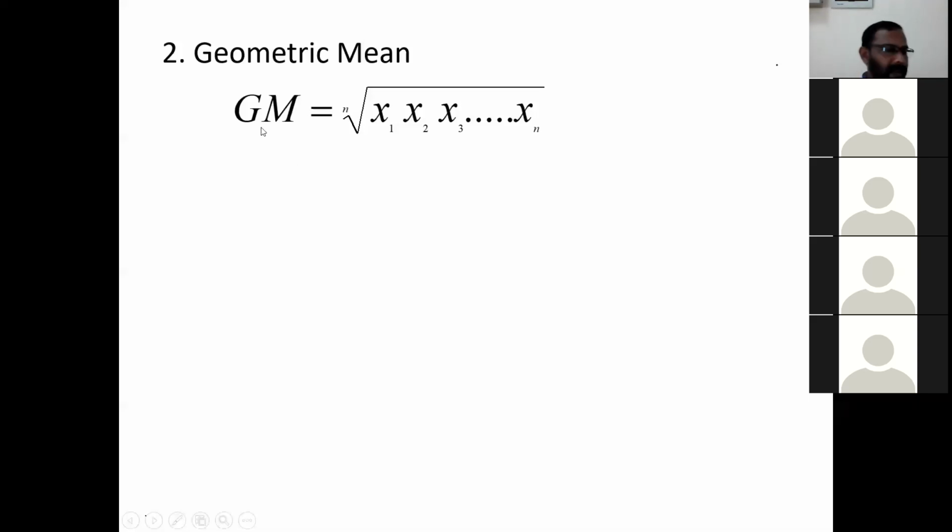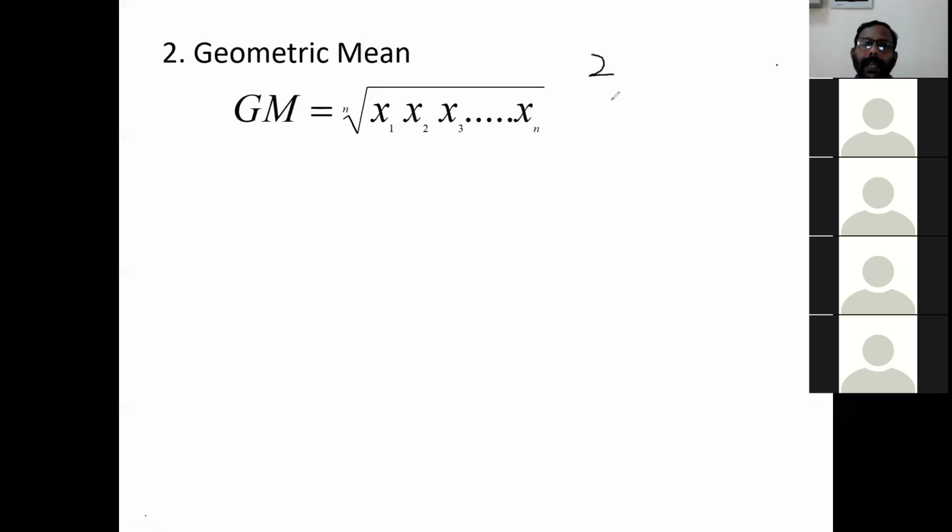Geometric mean, usually written in general terms as GM, is equal to the nth root of the values multiplied together, where n is the sample size. For example, if I have two samples, I simply multiply x1 by x2 and take the square root.